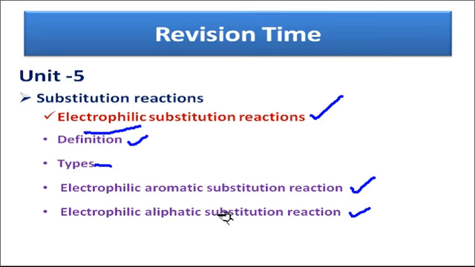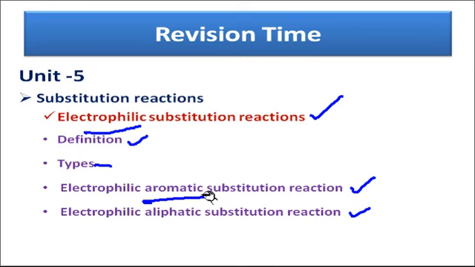One thing you must remember, that electrophilic substitution reactions are the characteristic reactions of the aromatic compounds. The very well known electrophilic aromatic substitution reactions are nitration of benzene, sulfonation of benzene, and the Friedel-Crafts reactions, in which Friedel-Crafts alkylation and Friedel-Crafts acylation are the most common reactions of the aromatic compounds.